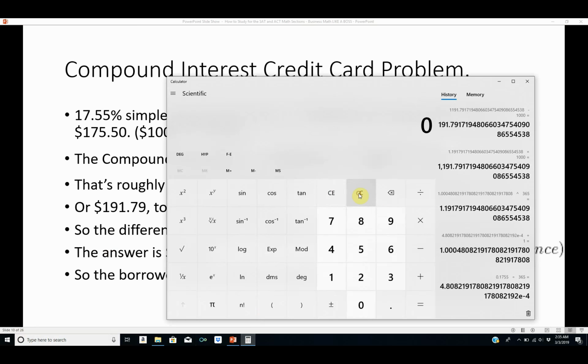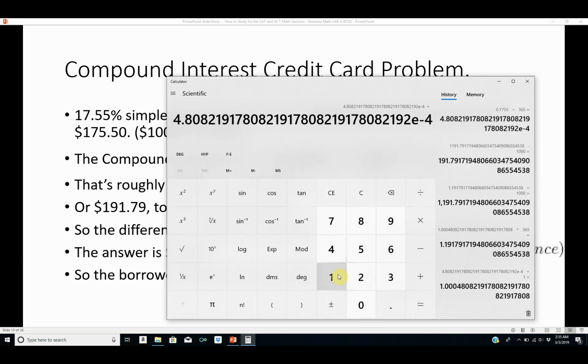So I'm going to use my calculator here, and we're going to do something like this, where we're going to go 0.1755, divided by 365.